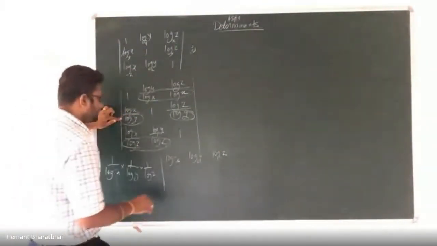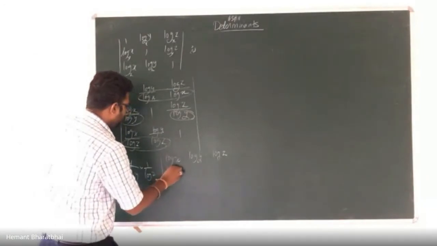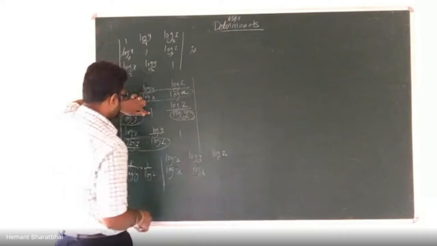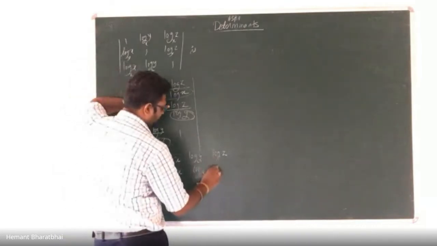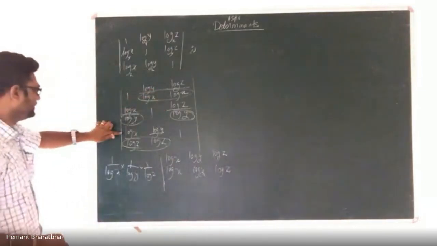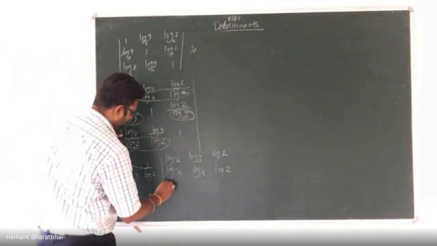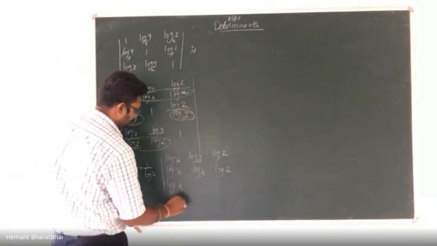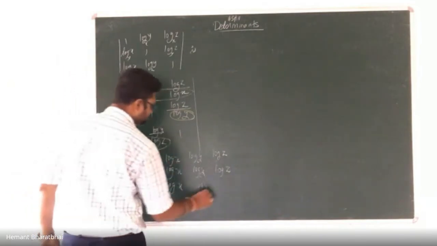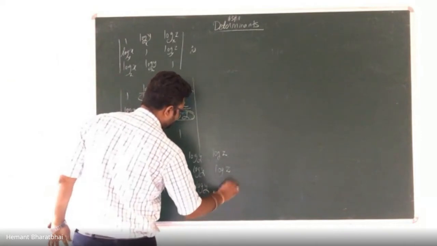Similarly, from the second row I have taken log y common, so here what will remain is log x, here it was 1 so it becomes log y, and here log z. Then from the third row I have taken 1 by log z common, so what will remain is log x, log y, and log z.